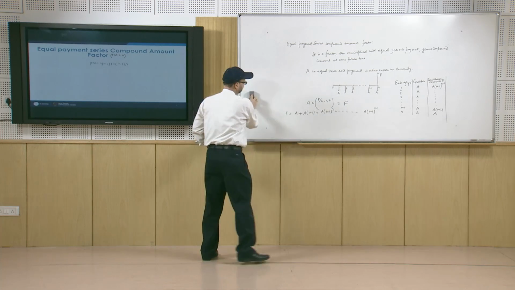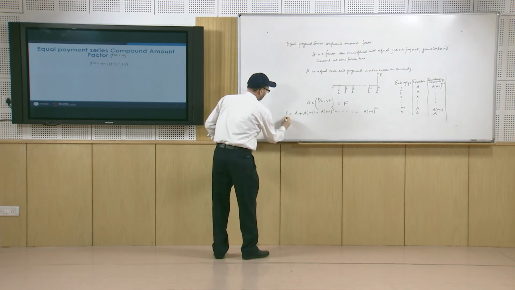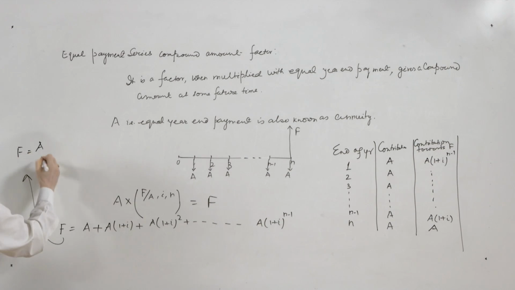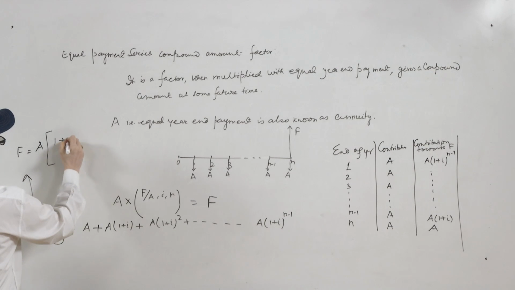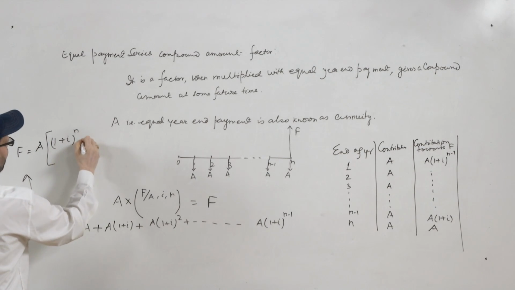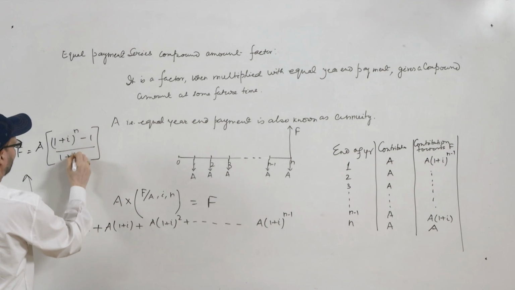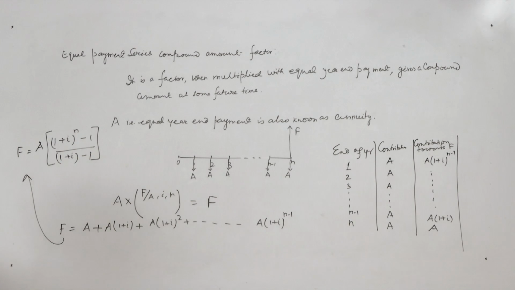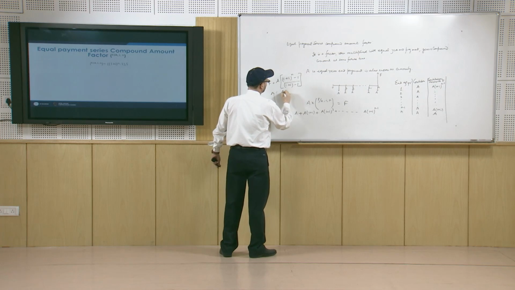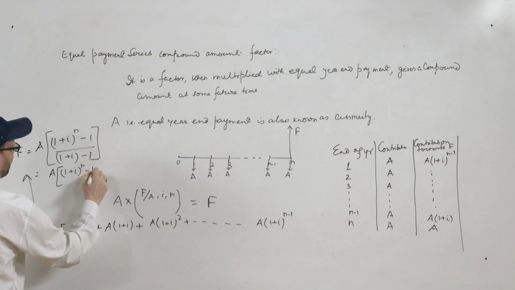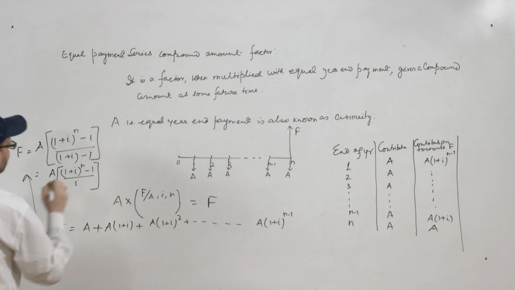So, we can write from here onwards, F is nothing but A into 1 plus i raised to the power n minus 1 upon 1 plus i minus 1, that is A into 1 plus i raised to the power n minus 1 by i.